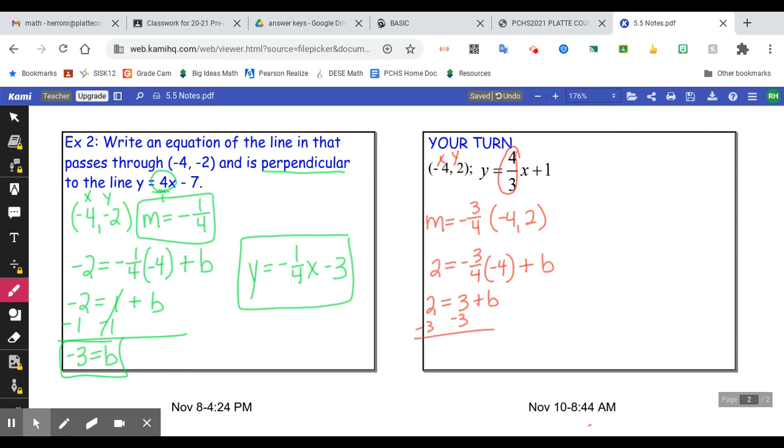Subtract 3 from both sides, and we get negative 1 for b. Here's m, here's b, here's my equation. Y equals negative 3/4 x minus 1. Let me know what you need help with. Good job.